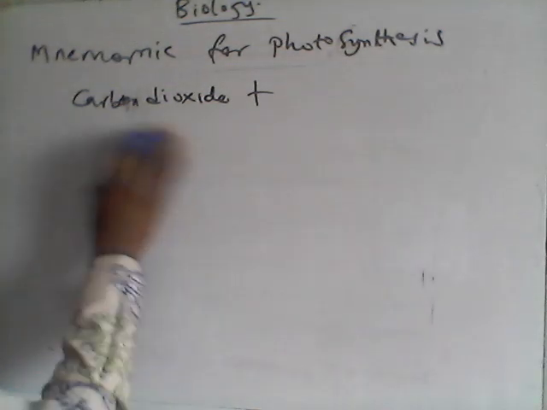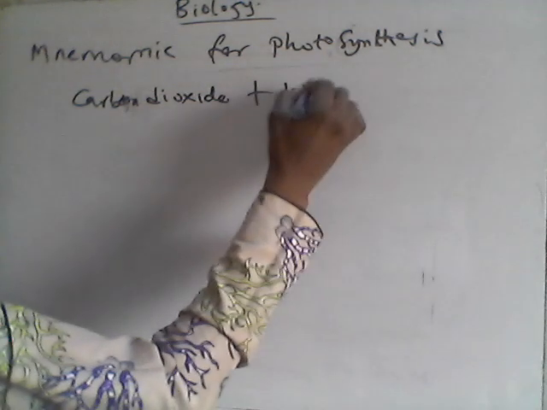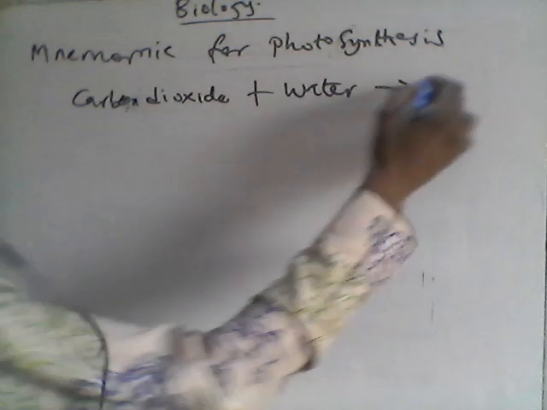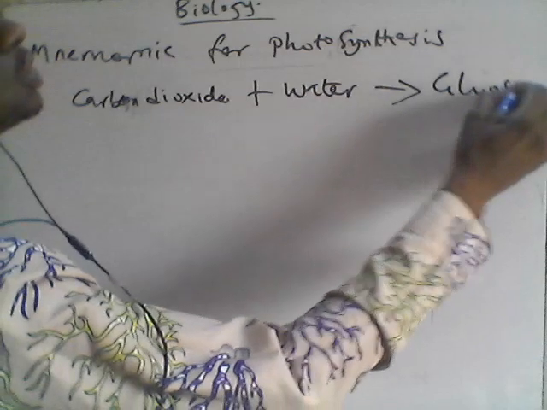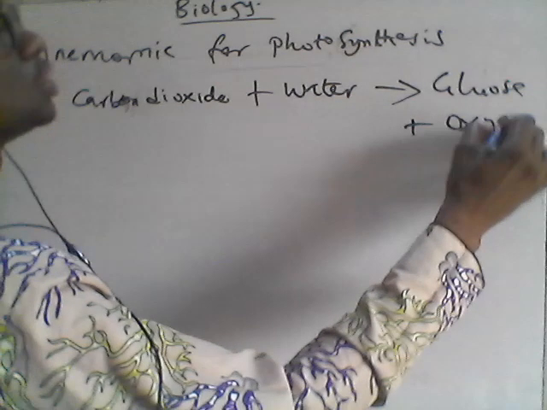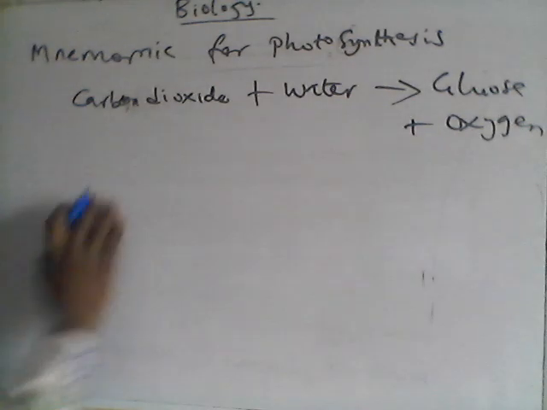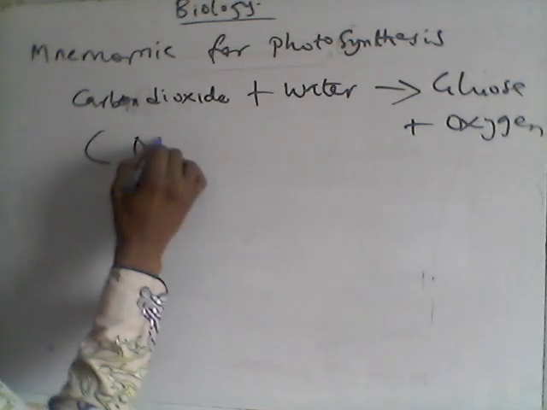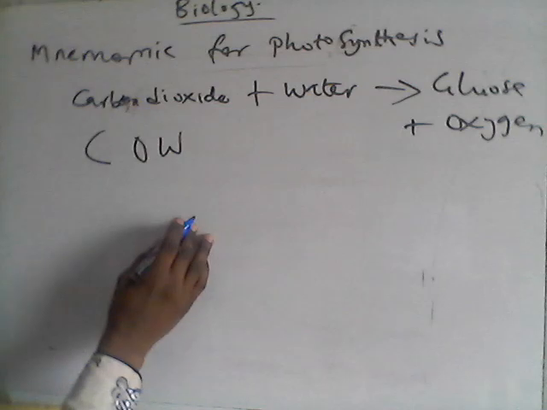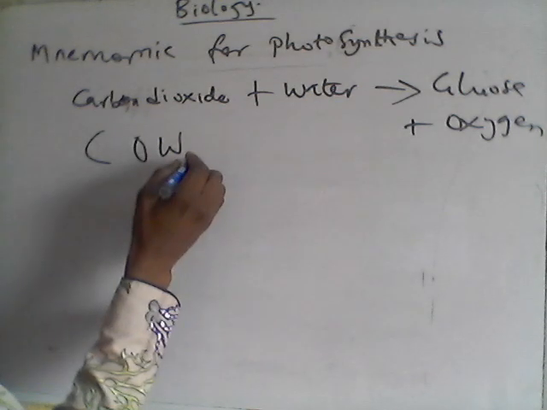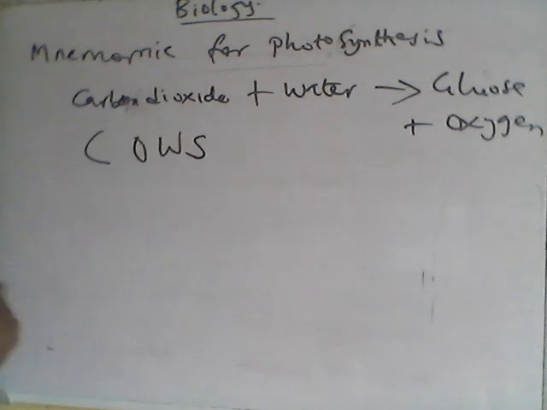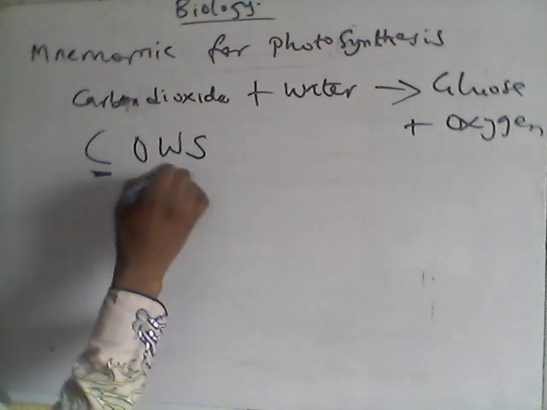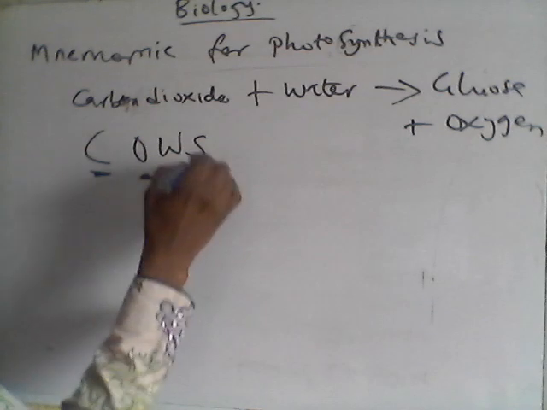So, the carbon dioxide plus water will give us oxygen and glucose, right? Glucose and oxygen. Okay, so this is what photosynthesis is all about. So if you want to remember, I can just use this word, C-O-W, then S. So C is for carbon, O is for oxygen, W is for water, and S is for glucose.